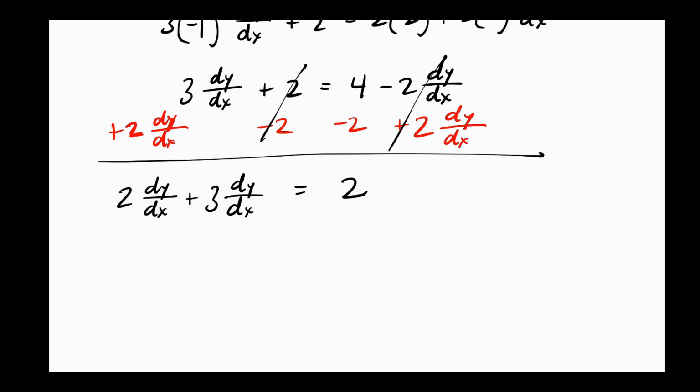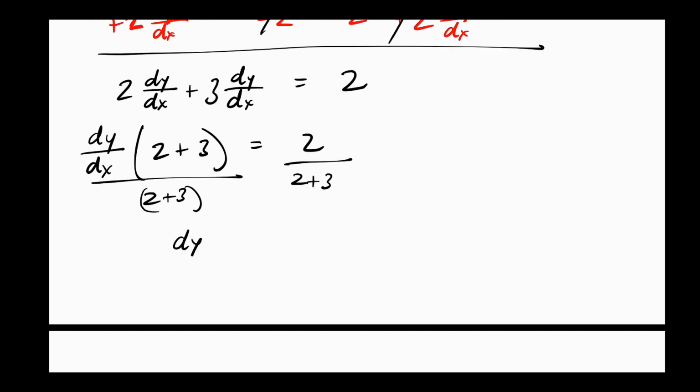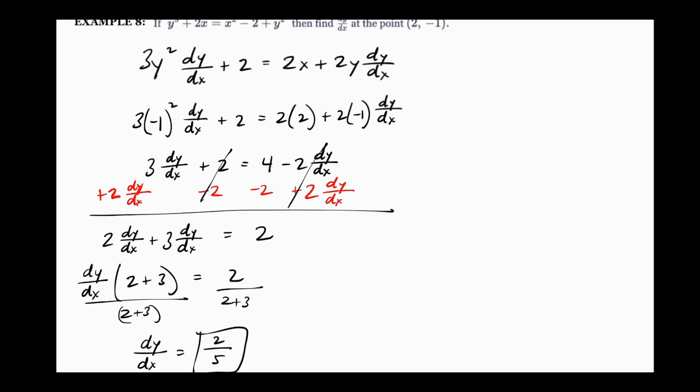Then I isolate dy/dx, I factor it out, and I get dy/dx times (2 plus 3) equals 2. Divide by 2 plus 3, which is also 5, and dy/dx equals 2/5. That's another way of doing it.